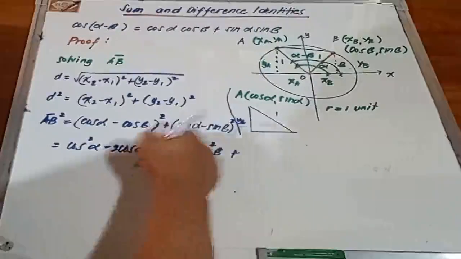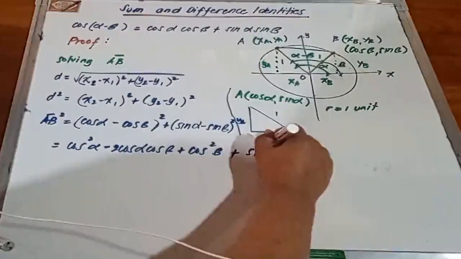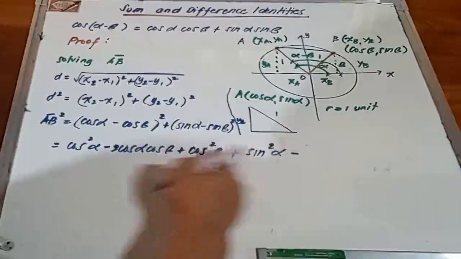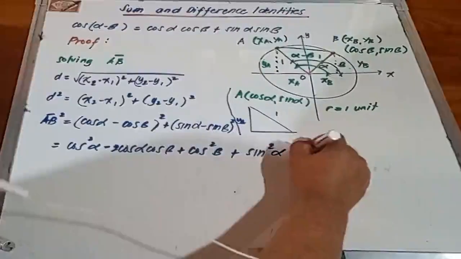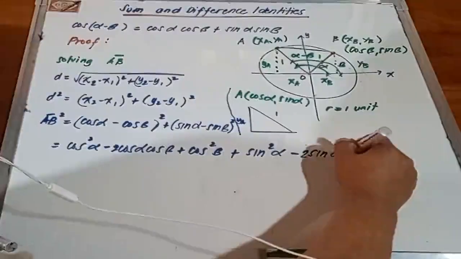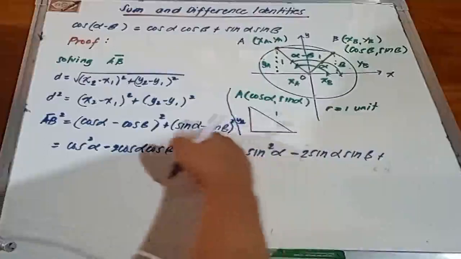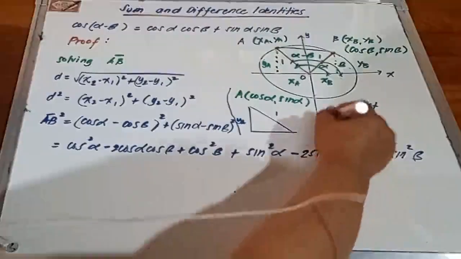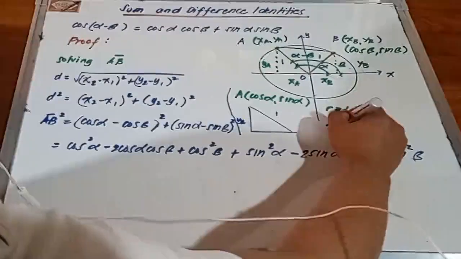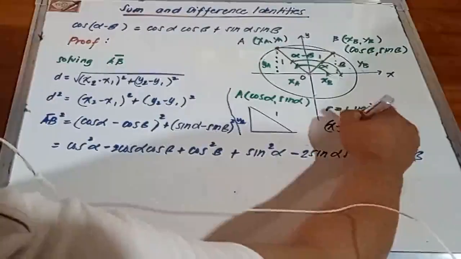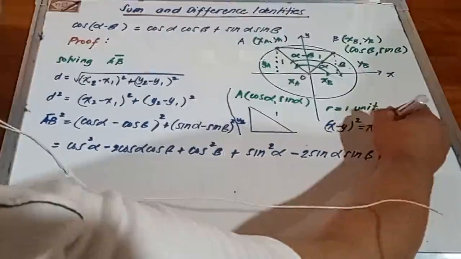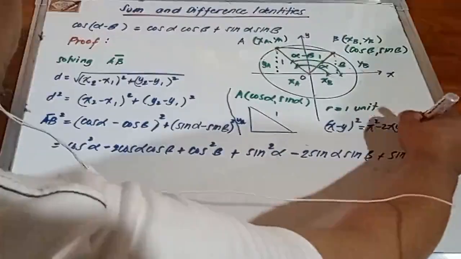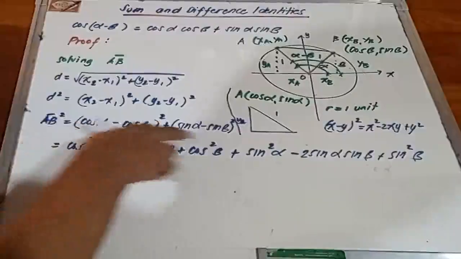Plus square ni sine, sine squared alpha. Minus twice the product of these 2. So, 2 sine alpha sine beta plus square of sine beta, sine squared beta. Sana ma-recall ninyo yung x minus y squared, that is equal to x squared minus 2xy plus y squared. Ganun ang ginawa ko dito at saka dito.